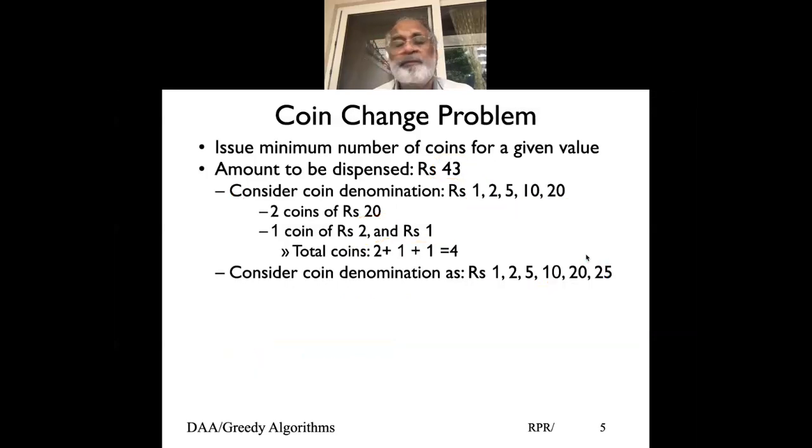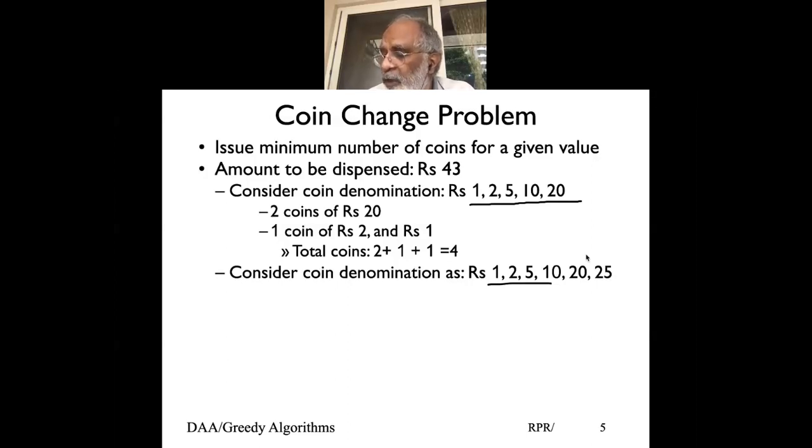If my coins are 1 rupee, 2 rupee, 5 rupee, 10 rupee, 20 rupee, the greedy approach gives an optimal solution. If I have denominations including 25, the greedy approach gives a solution which is not an optimal one.